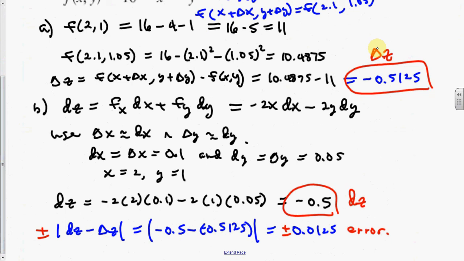In Calculus 1, when you had differentials, you call that the propagated error, the measurement error.